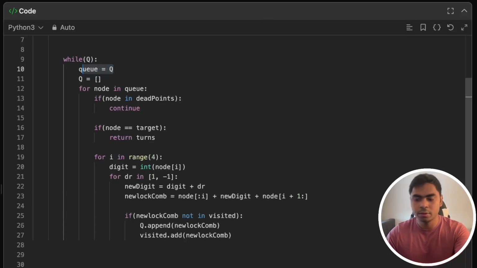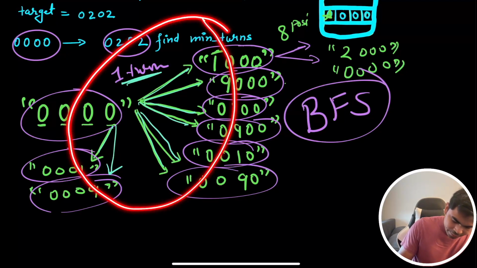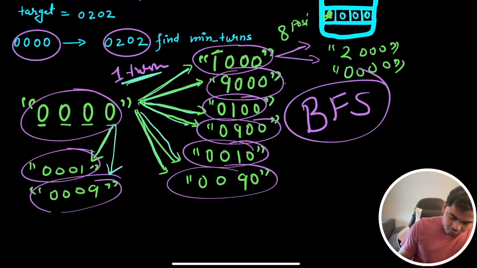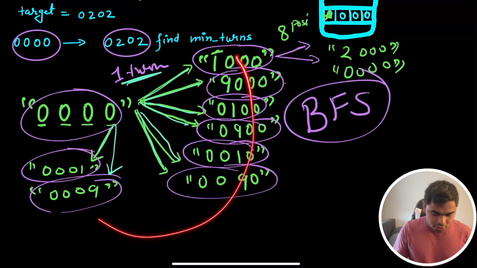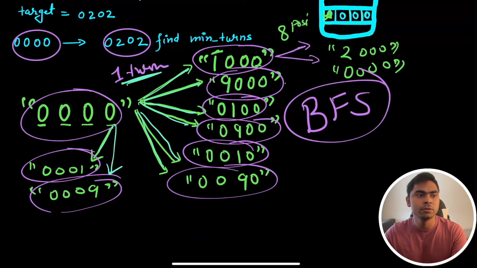Once you are done processing all of these neighbors which are on one level, like you were basically going 4 times, so 1 2 3 4, and then each time plus minus, then you increment your turn.